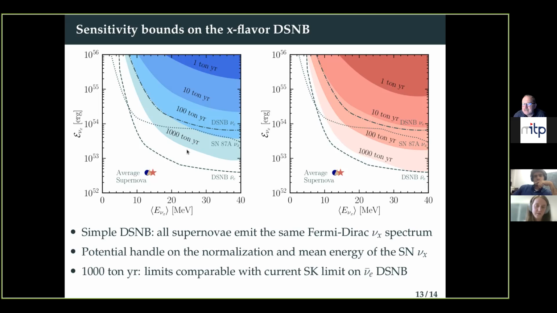A slightly related question, if I may. When the neutrinos come from far away, they must have decohered, and we should think of them as mass eigenstates, right? When the DSNB arrives at the Earth, we should think of mass eigenstates, sort of X and E flavors.